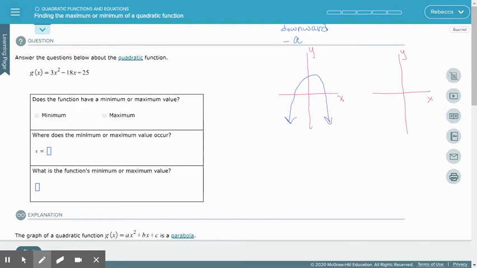Our U shape was upside down, and it goes towards negative infinity for the y values. So when we find this vertex here, where it connects to the y-axis, that will be considered our maximum, because that's the highest value that we can have. So that'll be our max.